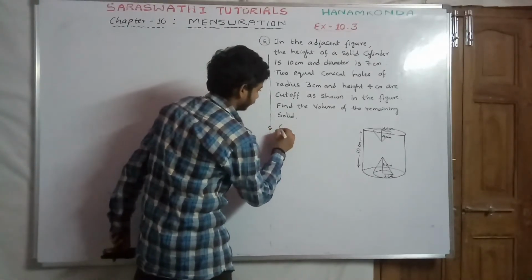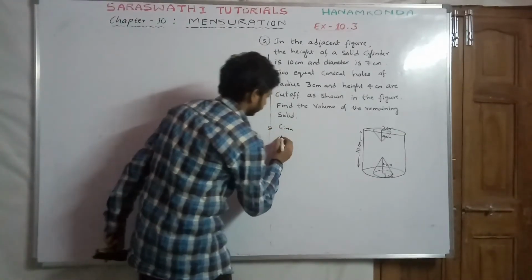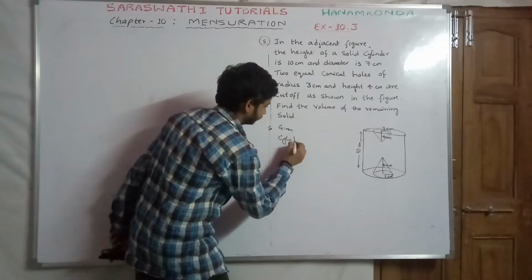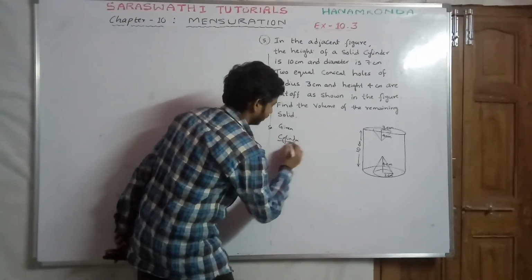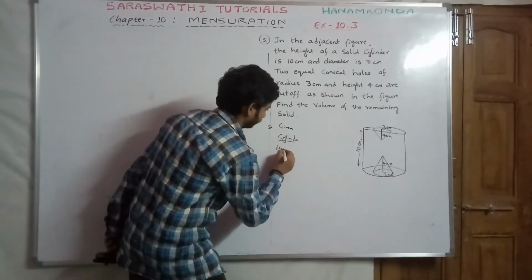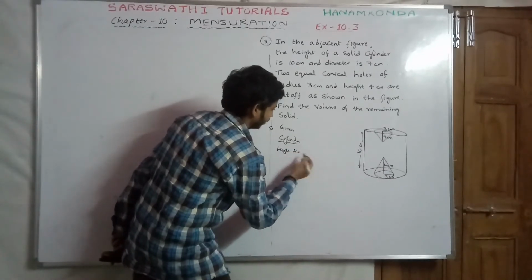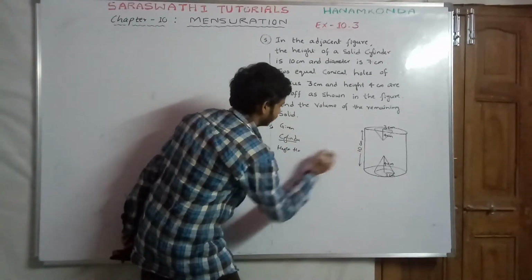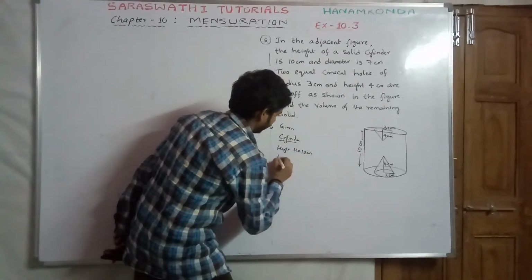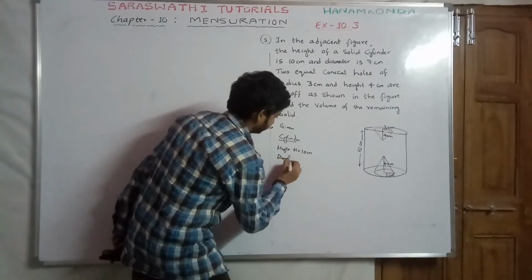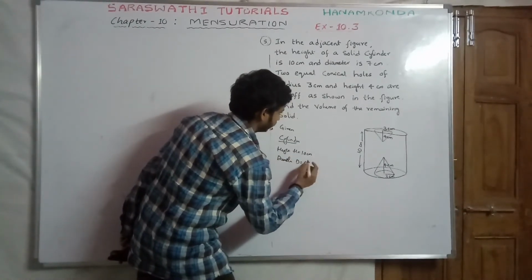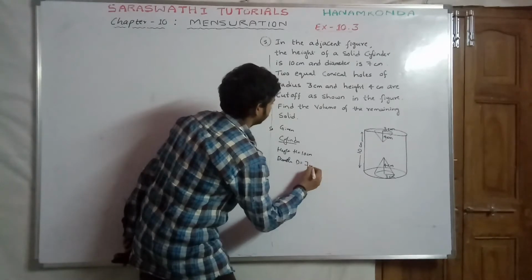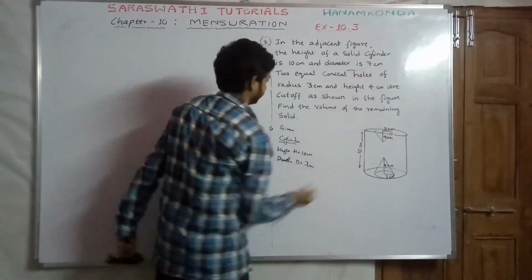Write the cylinder dimensions first. Height, let us take it as capital H, equals 10 centimeters, and the diameter is given as 7 centimeters.